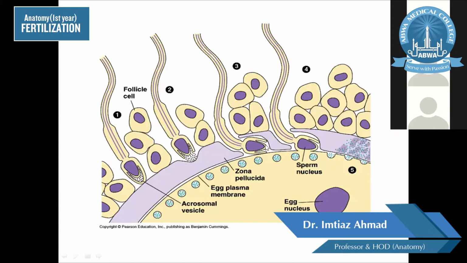Finally, this layer of the sperm head would make contact over here and would dissolve, and all the contents of the sperm would get inside. And at the same time, these cortical granules, which are the lysosomes of the secondary oocyte, would release their contents over here, and they will make something which we'll discuss in the next slides.